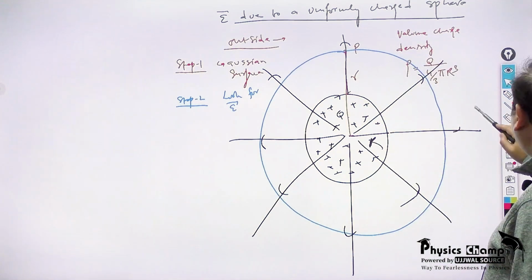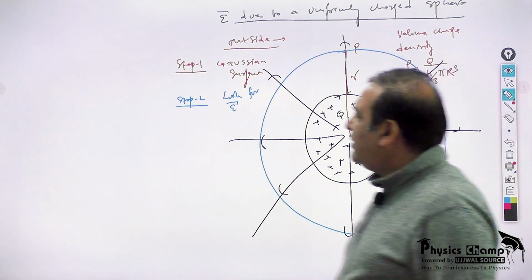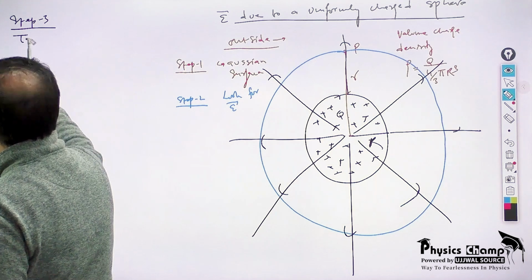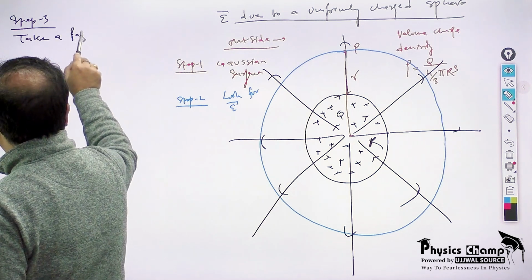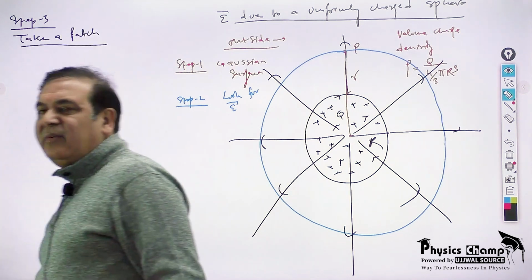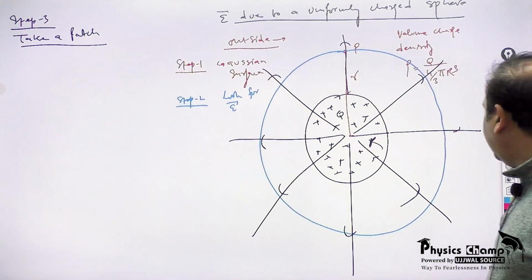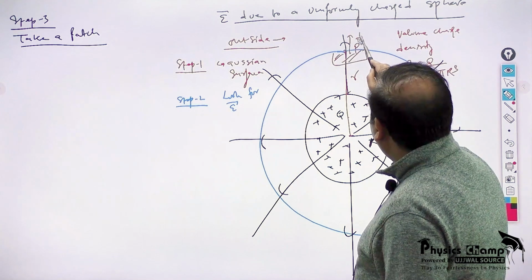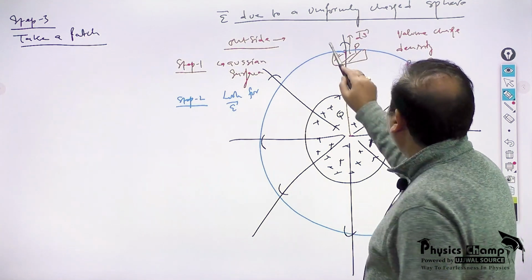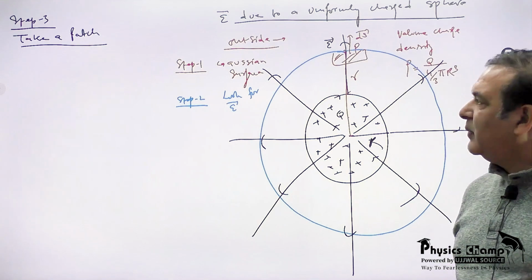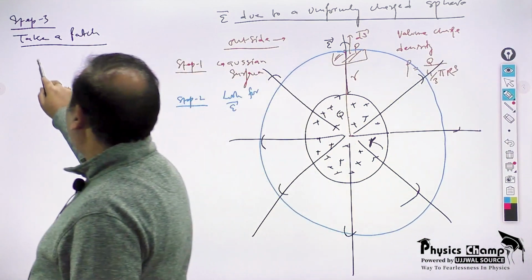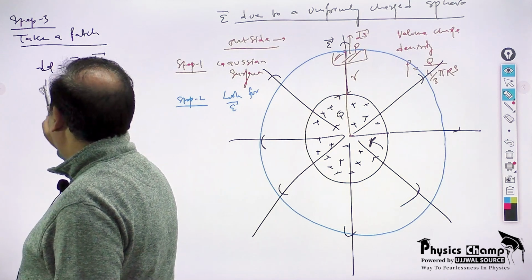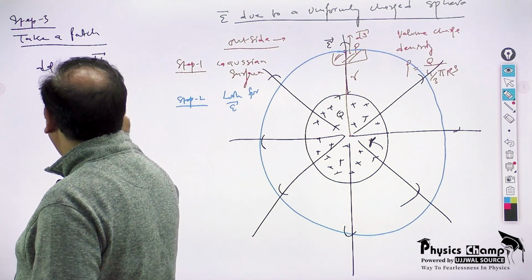And then what is step 3? You know it. Take a patch on every kind of surface. Now, the only kind of surface is spherical here, just one kind of surface. So I take a patch on it, ds, same is the direction of electric field. So d phi is E dot ds, which is E ds cos 0.